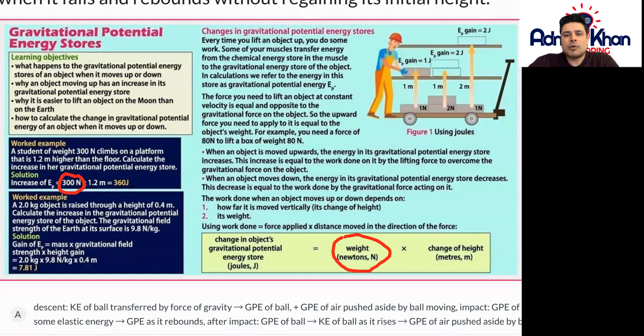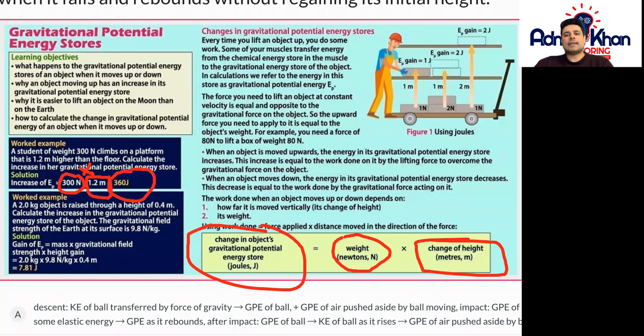And this is going to be multiplied by the height, the change in meters, which we can see in our formula here. If you multiply those two things together, that will give you the change in the object's gravitational potential energy store, which is then going to be 360 joules in total.